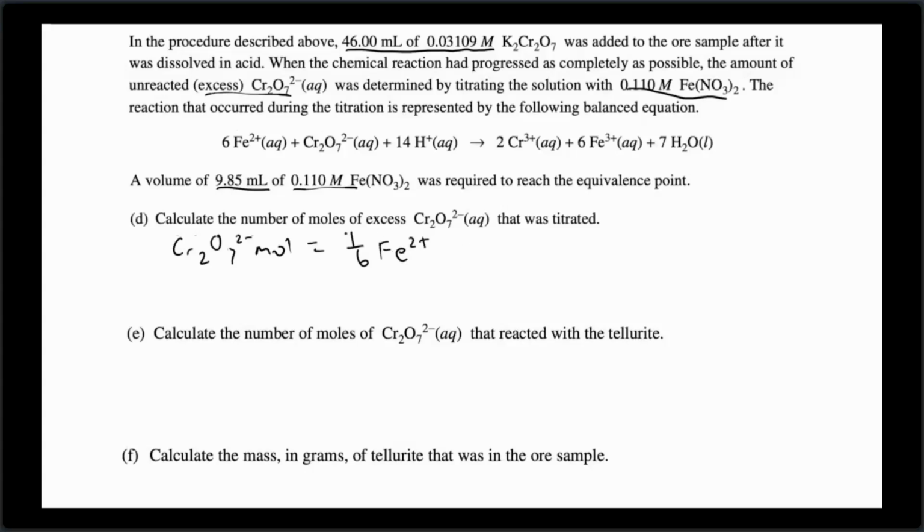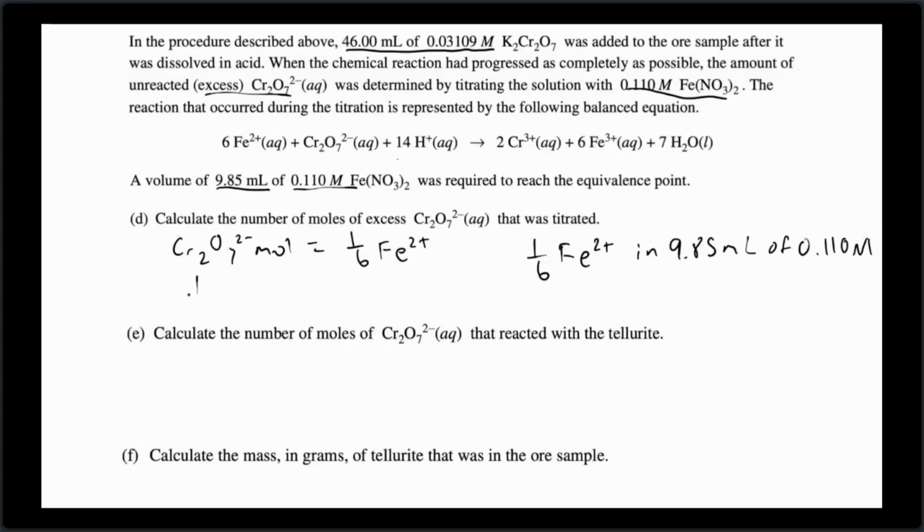Now, since we got the stoichiometry mole ratio, we can use the iron 3 nitrate, the information that was given, in order to find the Cr2O7, because this is the same amount of resources that's used for iron 3 nitrate to produce our Cr2O7. So that would be 1/6 of Fe2+, and we have it being in 9.58 milliliters of 0.110 moles of our iron 3 nitrate.